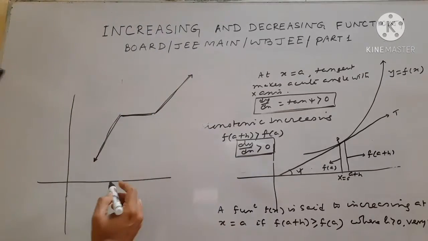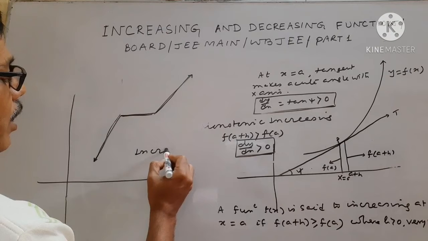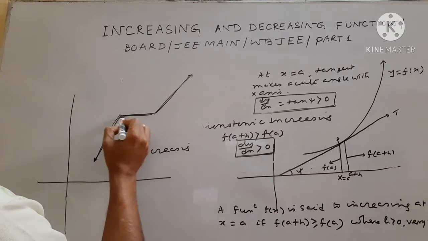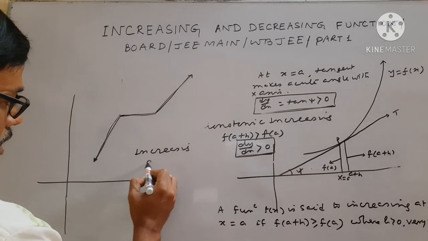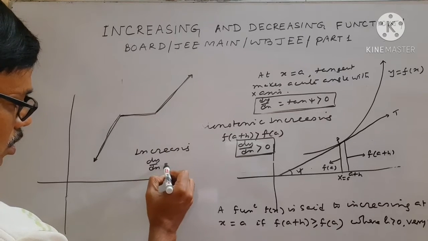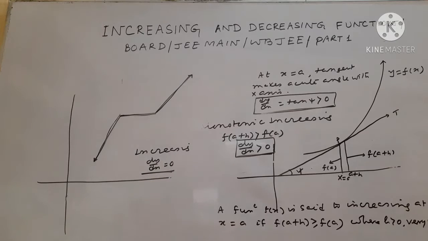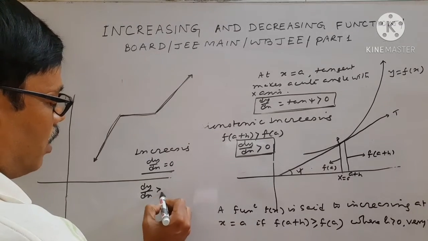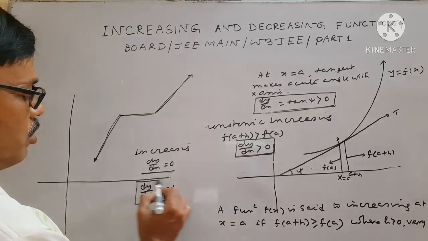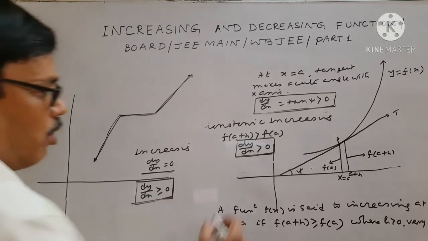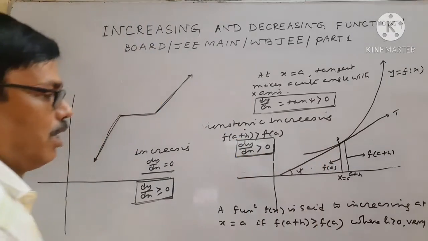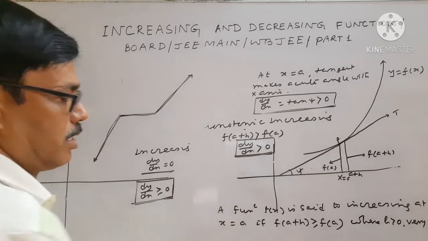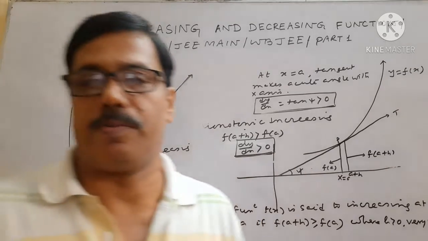It is also increasing function. So for this part, dy/dx equals 0. So for increasing function, that is why we take the condition dy/dx greater than or equal to 0. And for monotonic increasing or strictly increasing, dy/dx greater than 0.